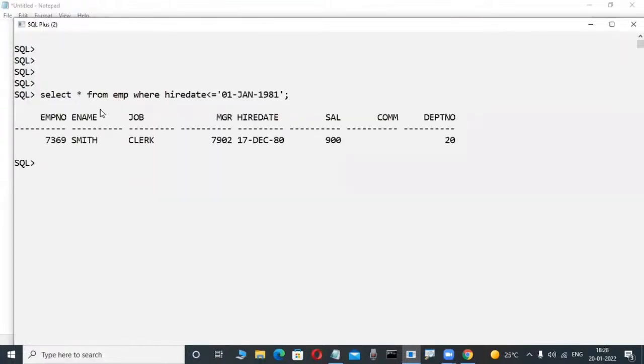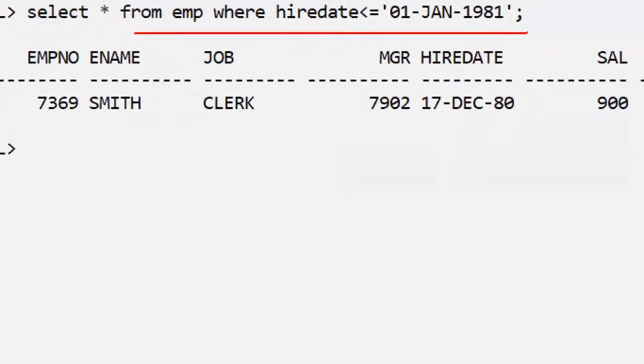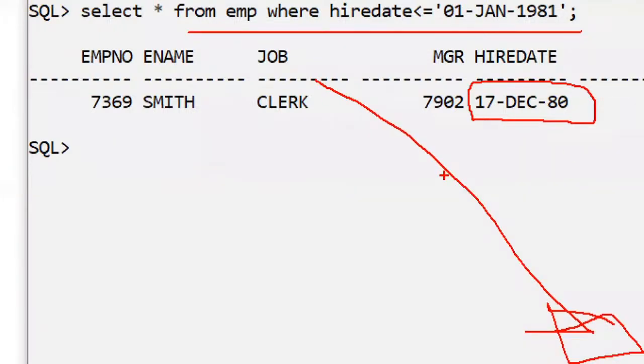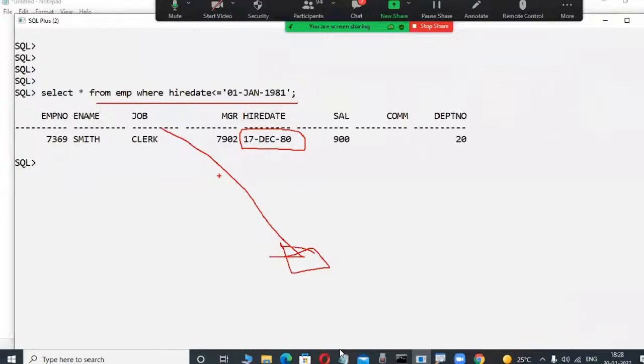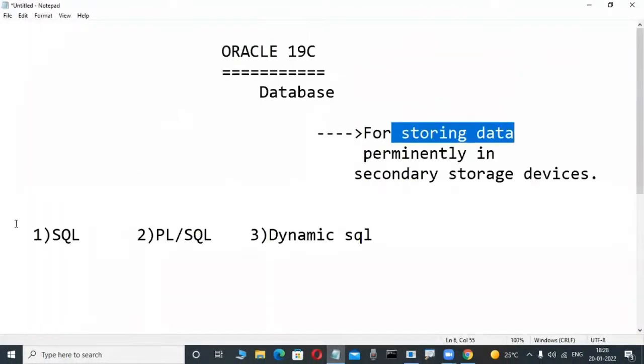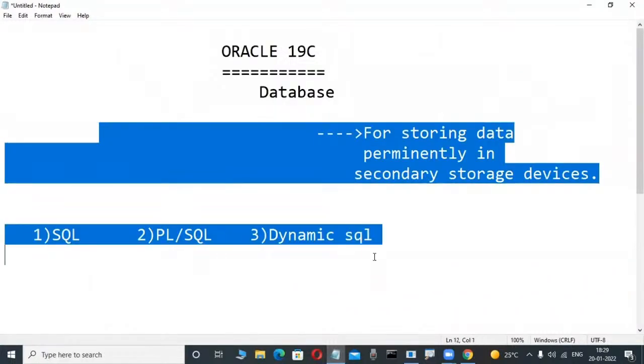Just by writing the query, the data is automatically displayed. With a single line of code, the employees who joined before 1981 are automatically retrieved from the database. That's why efficient data retrieval is most powerful, and we achieve it through these databases and languages.